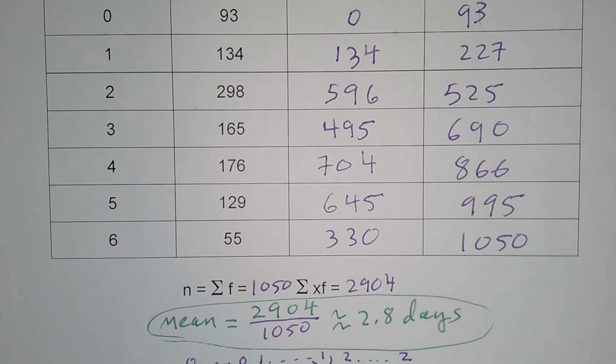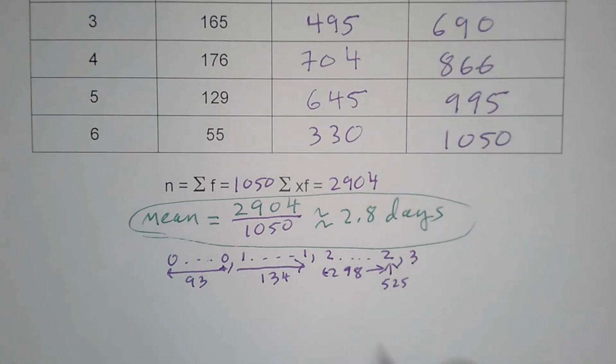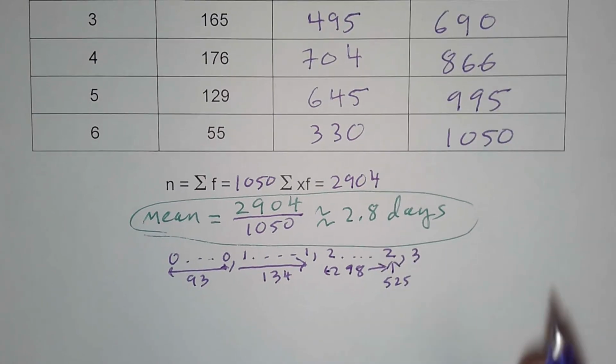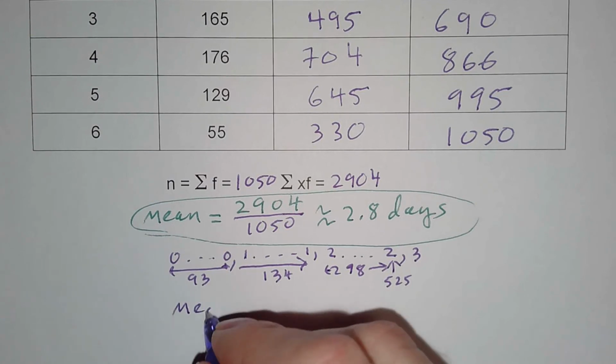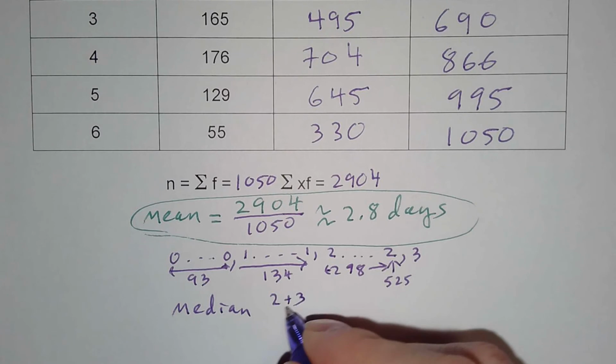And there's 298 2's. So this lands me at the 525th number. So the next number is going to be a 3. That's my 526th number. So to find my median, I'm going to add 2 and 3 together and divide by 2.